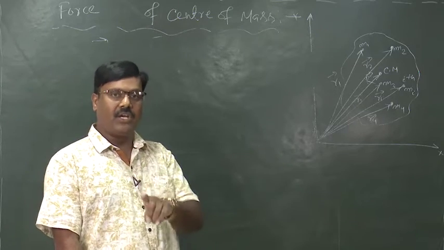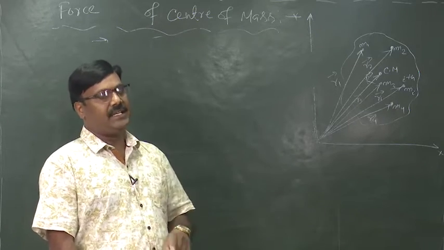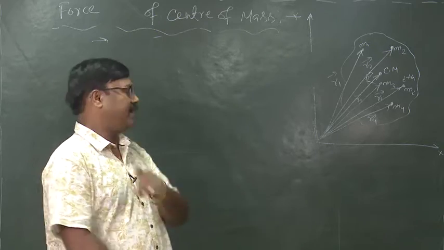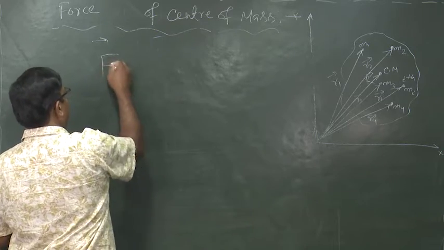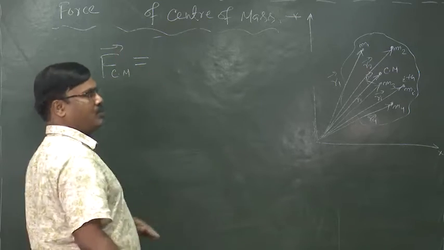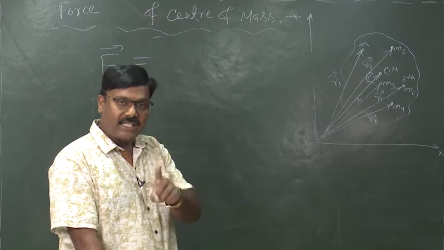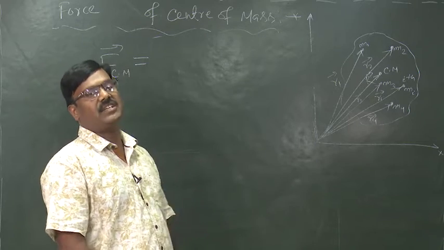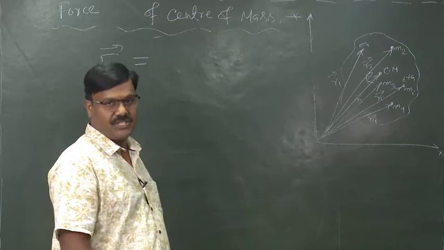Hence, here also we can write the force acting on the center of mass as Fcm, which will be equal to the product of the mass of the system and the acceleration of the center of mass of the system.